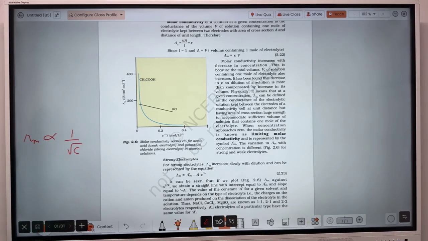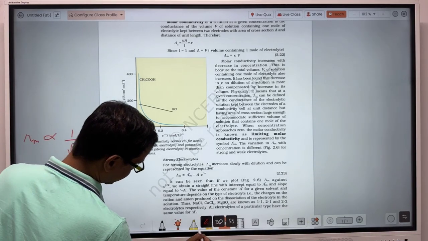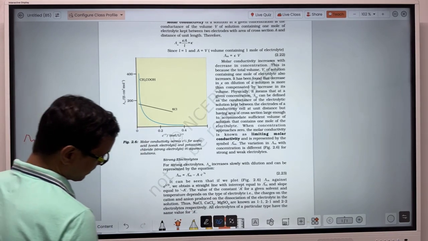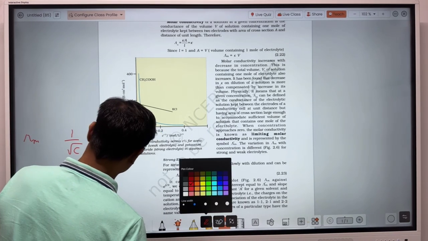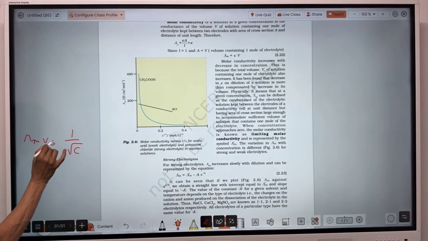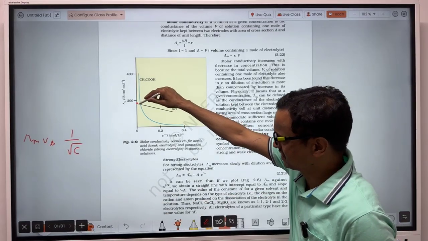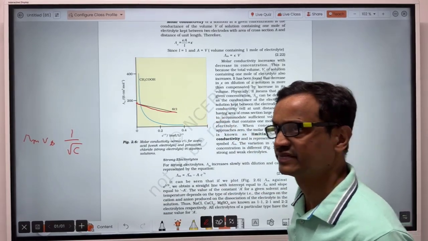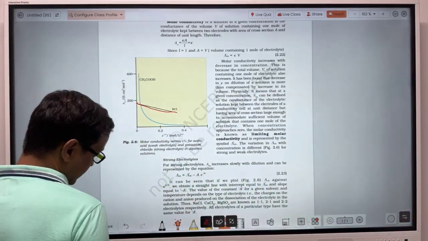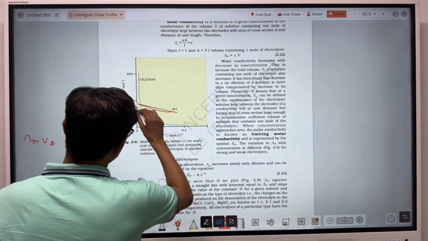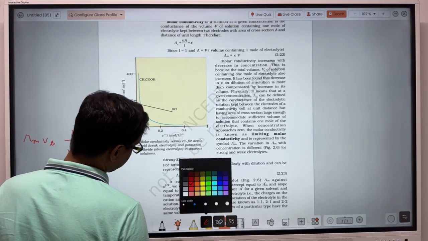That's a graph of the molar conductivity versus under root C that has been plotted. So for a strong electrolyte, watch out here, this graph is just a decreasing graph. This is for molar conductivity, this graph is decreasing.